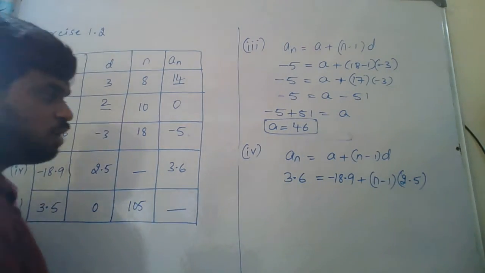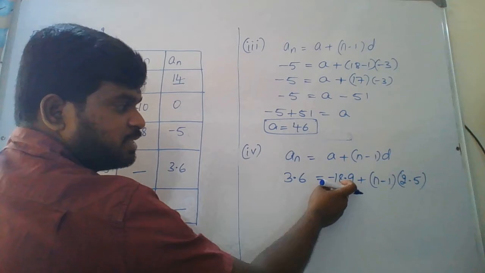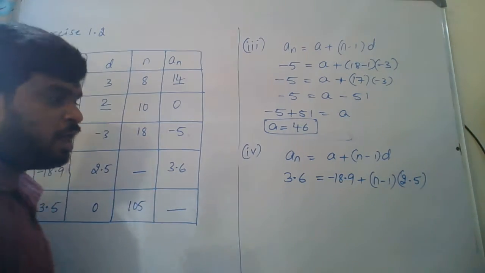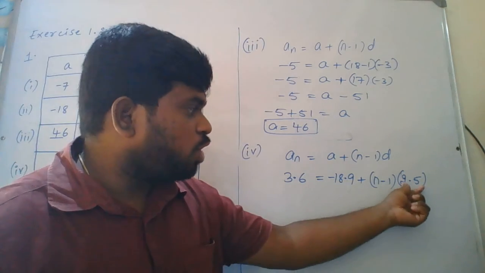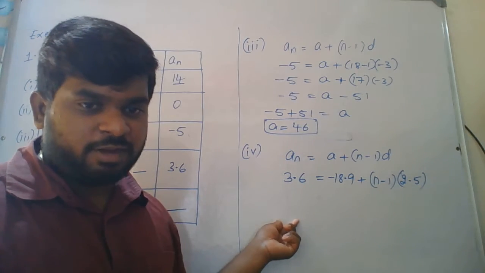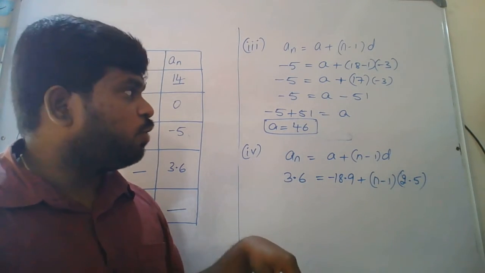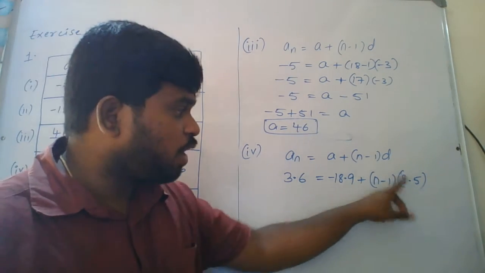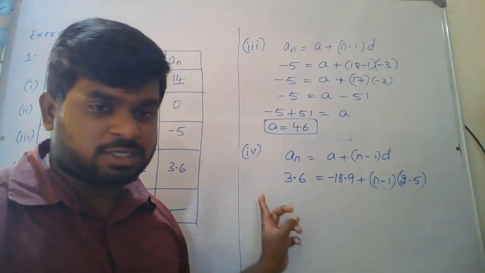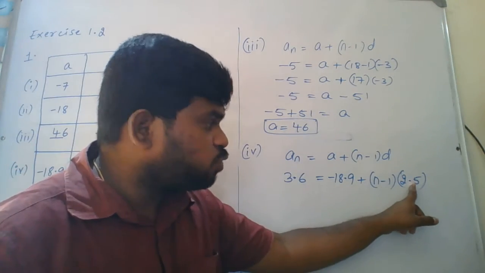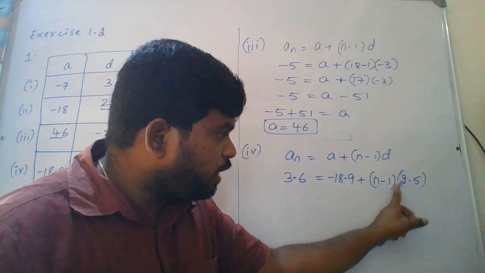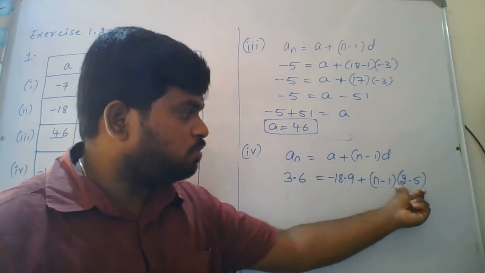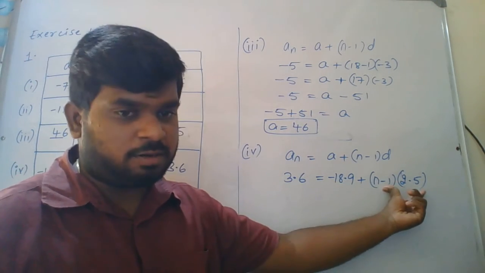Now let's solve it. First, transpose this minus 18.9 to the other side. And remember, you should not transpose this 2.5 initially. Later you can do it. In the very first step, you are not supposed to transpose it, because this 2.5 belongs only to this. Basically, there are two terms here. This is one term, this is another term.